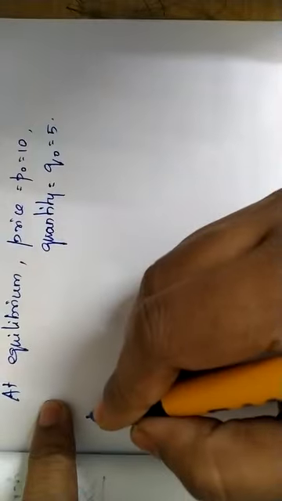So your P naught and Q naught are 10 and 5. Fine. Now we need to find the consumer surplus.